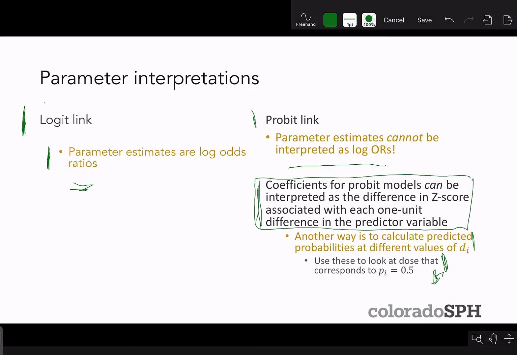I find that to be very unintuitive, and I think a lot of other people do as well, which is why Logit models have really become the most popular. But when these types of regression models for binary data were originally developed, Probit models were used widely for bioassay type data.